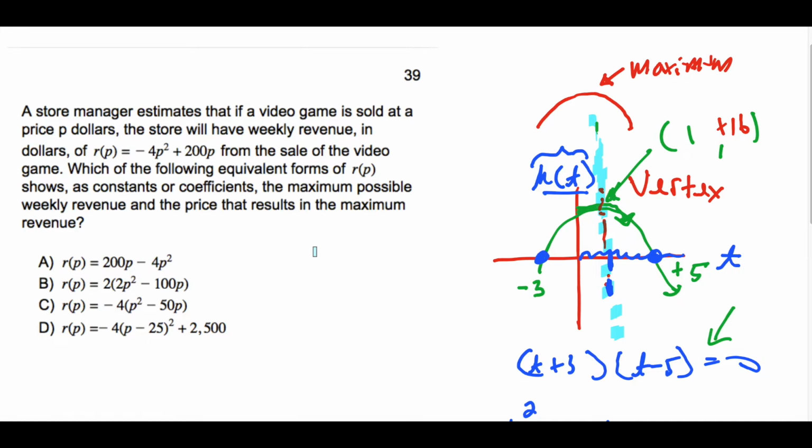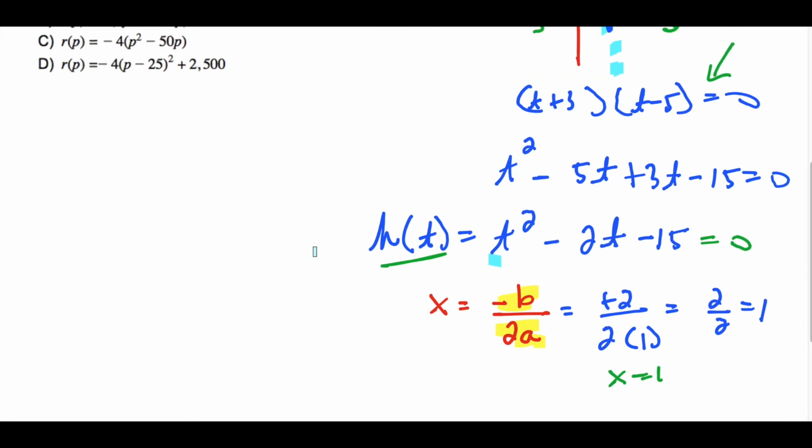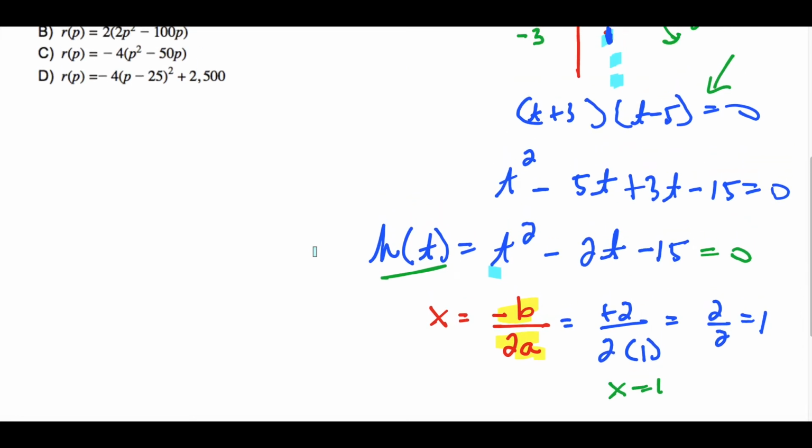The other thing, which is the harder one, is to write this in vertex form. Okay? So you know how you have an equation of a circle. You can have an equation of a circle that looks like this: x minus 3 squared plus y plus 2 squared equals 9.